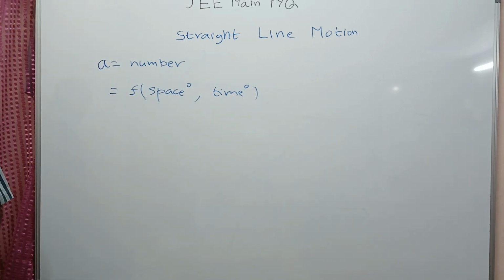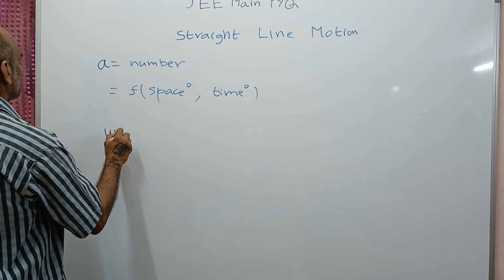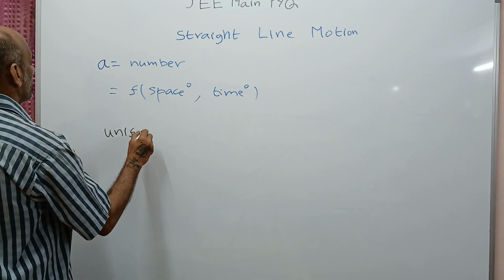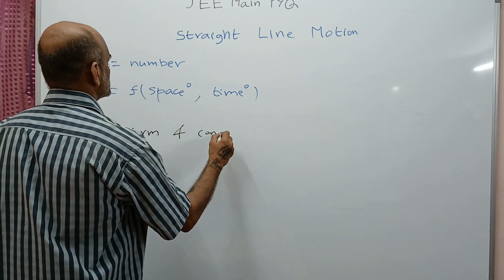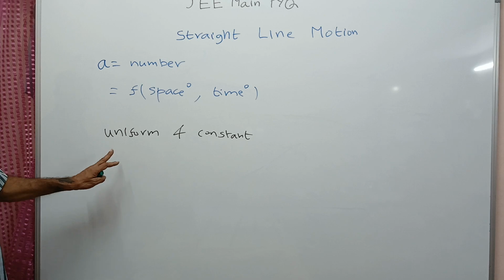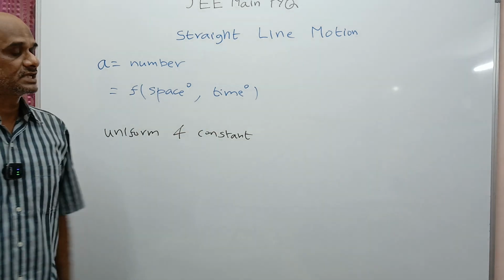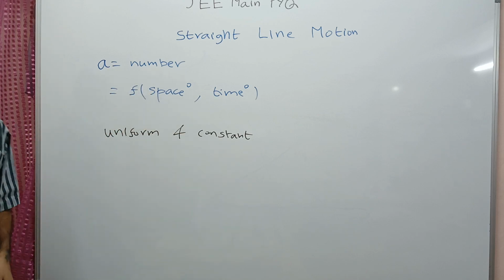Such an acceleration is called uniform and constant acceleration. Uniform means it does not change with space. Constant means it does not change with time. Since it's a number, at different points in space the acceleration will be the same value.